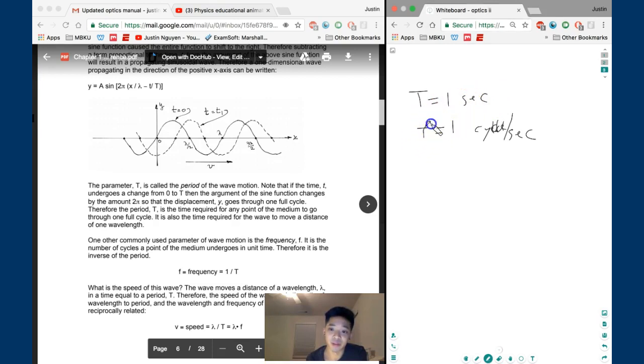If frequency is 1, period is 1. If frequency is 1/2 cycles per second, that's like saying in 1 second you only have a half cycle. That means T must be 2. That means it takes 2 seconds for 1 full cycle. It's just a reciprocal: 1 over 1/2 is going to be 2.